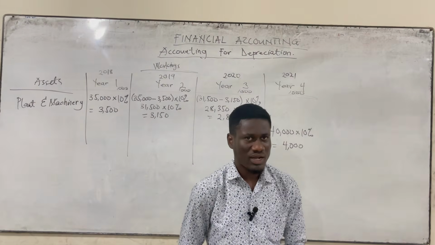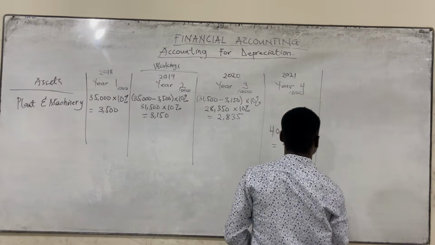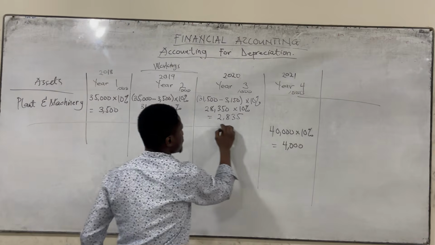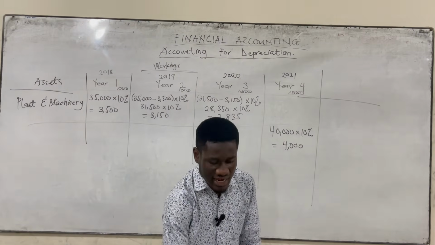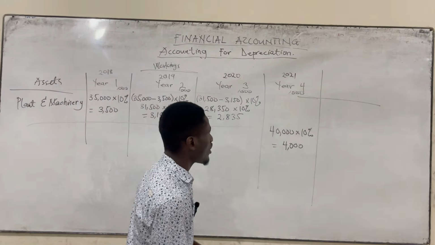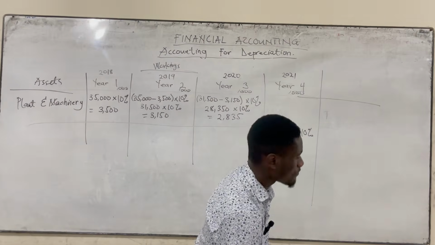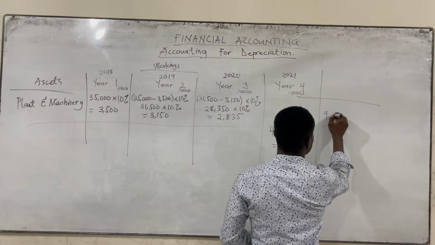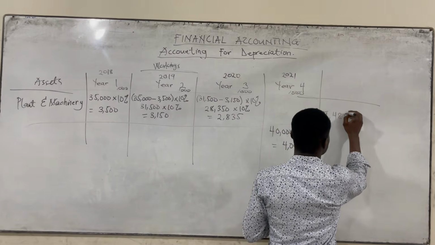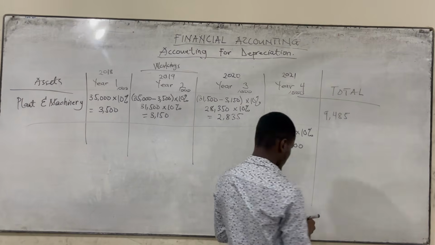Good. But when you come to the question, let's add this total. When we add the total of these depreciations, we are going to get 9,485 for the total depreciation.